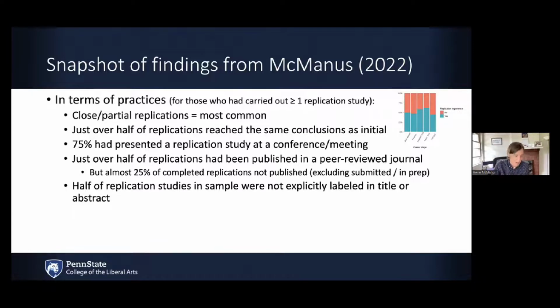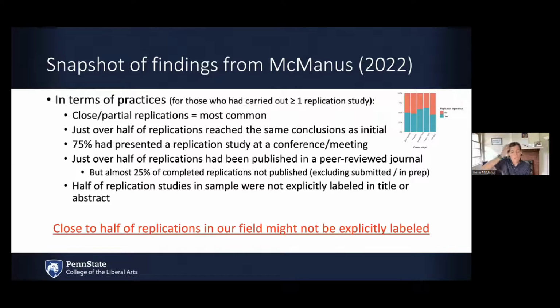Half of these replications, and I think this is an important point, were not explicitly labeled as such in the title or abstract, right? What that means is that we are likely going to have close to half of replications in our field not explicitly labeled as replication studies, right? And for me, this is a problem, right? Because replications play a very particular role in advancing and growing the discipline, right?